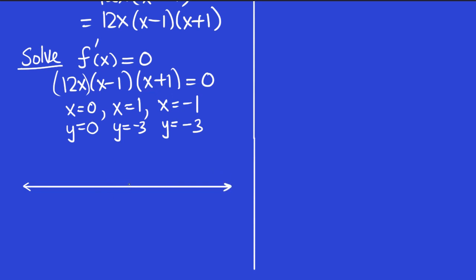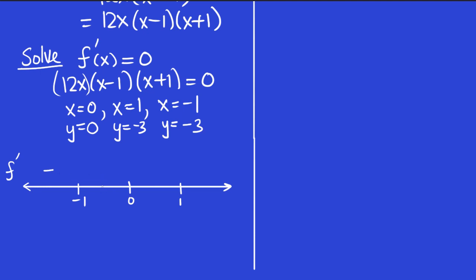Our critical numbers, we got 0, negative 1, and 1. And our derivative, let's think about the sign of our derivative here. If we take any number around here, like maybe negative 2, and I put it in there, I have negative times negative times negative. So that's a negative.